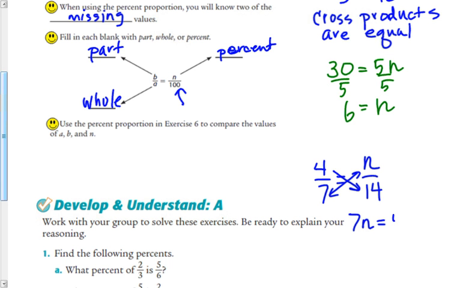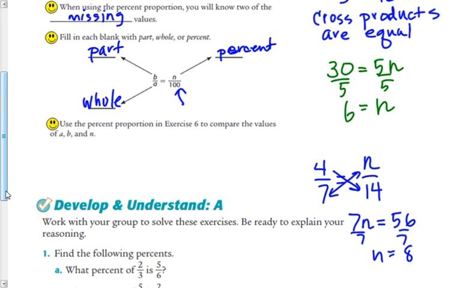And 4 times 14 is 56. So that means n is 56 divided by 7, which is 8. So we can set up a proportion, we can solve it, and all percent problems, or most percent problems, can be dealt with by using a proportion.